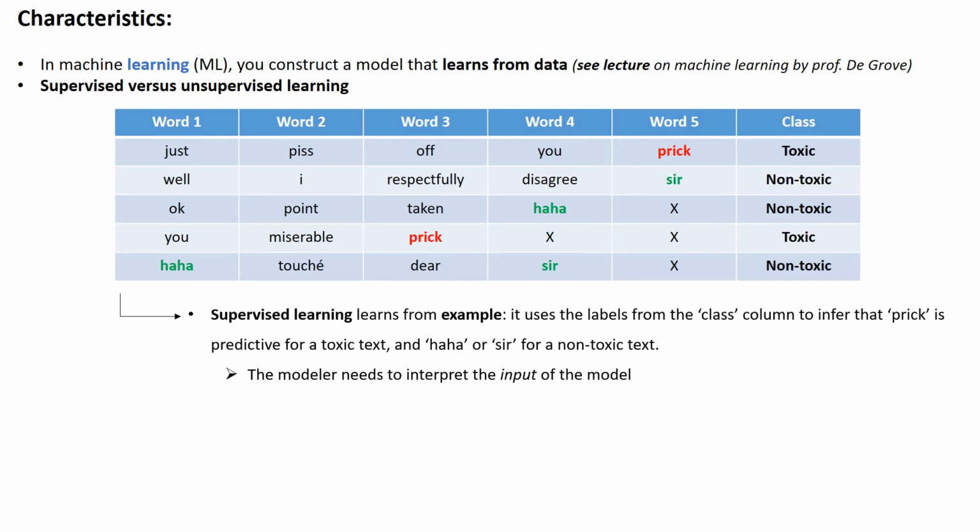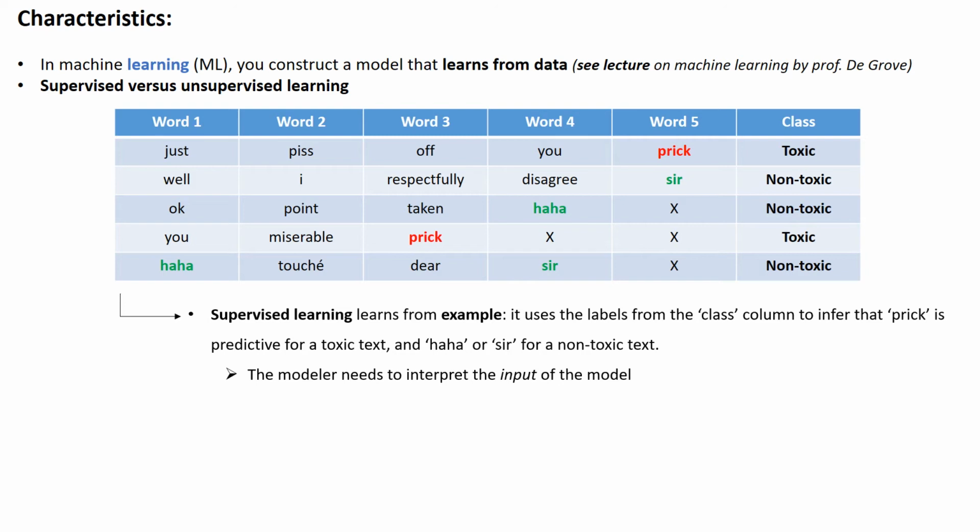This means that the modeler needs to interpret the input of the model. It needs to train the model using training data, using examples. Because supervised learning only learns from these examples, it looks for relations between the words that occur or a combination of words that occur in a text and a certain class.